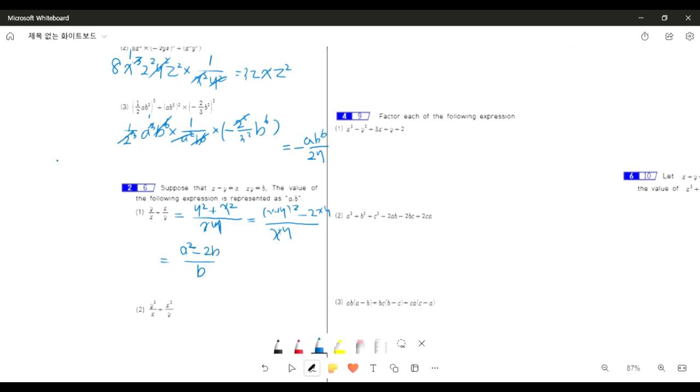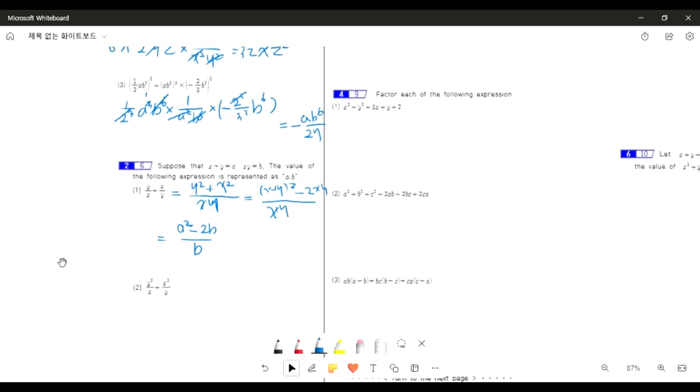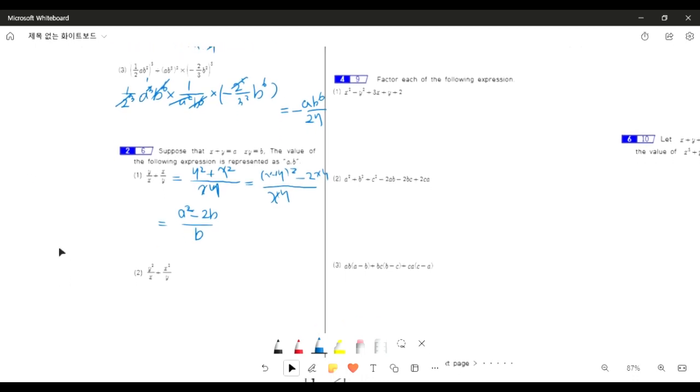And using the same principle, we can solve the next one. So make the common denominator xy and x cubed plus y cubed.